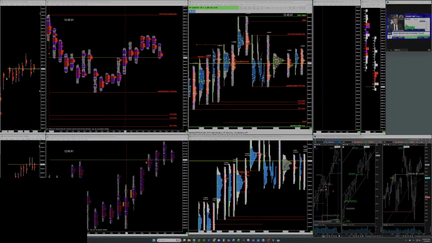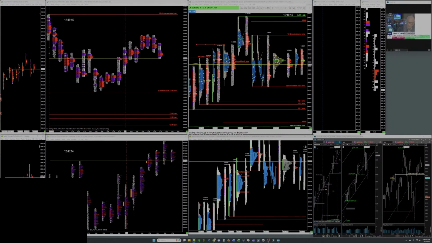Now, the next observation that I have on these markets, and that's the reason why I am changing to these histograms so I can see better, is how these markets are behaving now, especially when short-term traders are dominating the sessions.